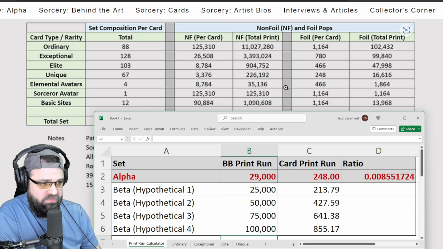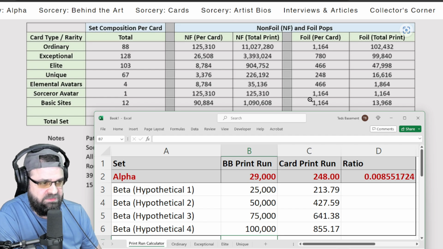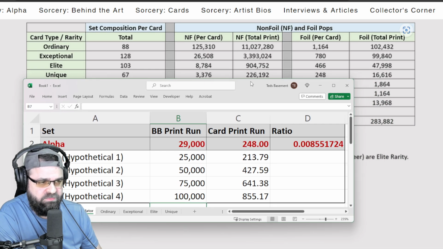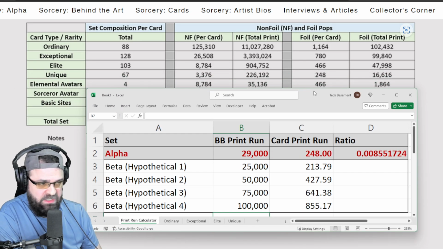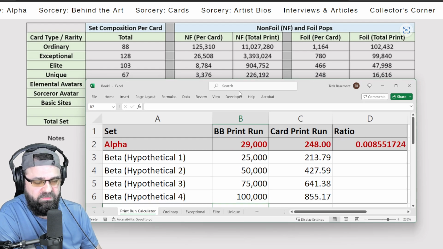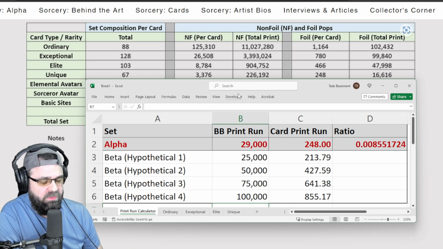Your sorcerer avatar is an ordinary, so it's printed at the same level an ordinary would be, and same with the basic site. I'm just talking in general about the rarity itself, and you can translate that to a specific type of card. It doesn't really matter what the card is. It's the rarity that drives the print run.